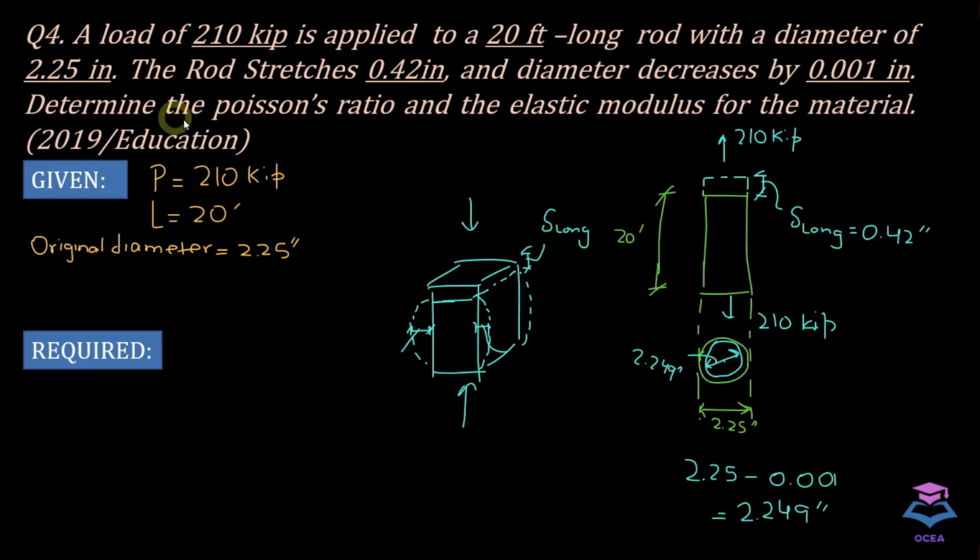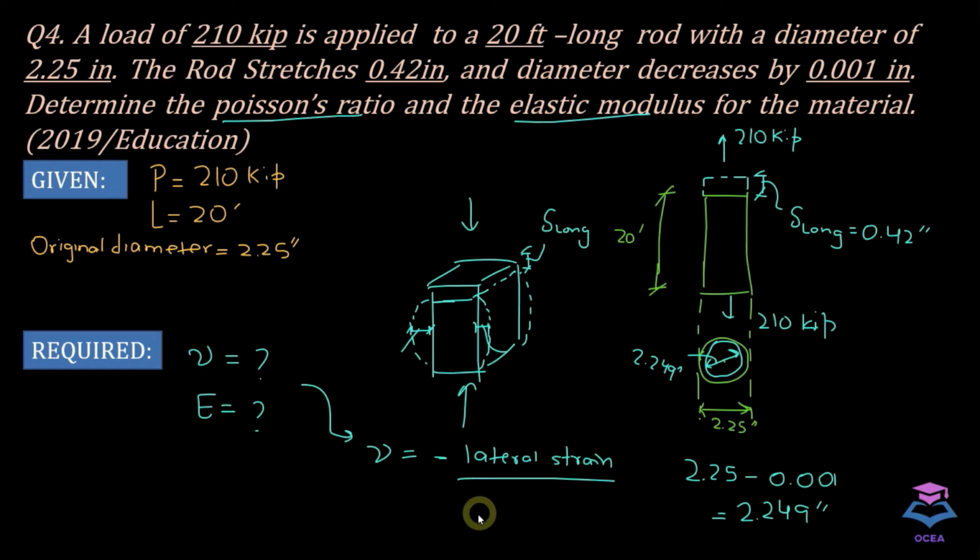So it says to determine the Poisson ratio and the elastic modulus for the material. Let's denote Poisson ratio by mu, and we also have to determine the modulus of elasticity. To determine mu, we are going to use mu is equal to minus lateral strain upon longitudinal strain.